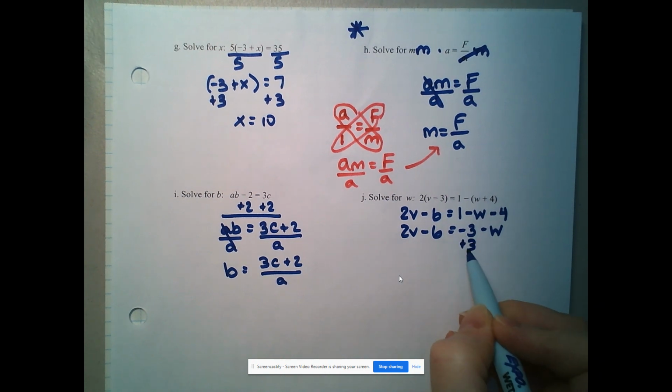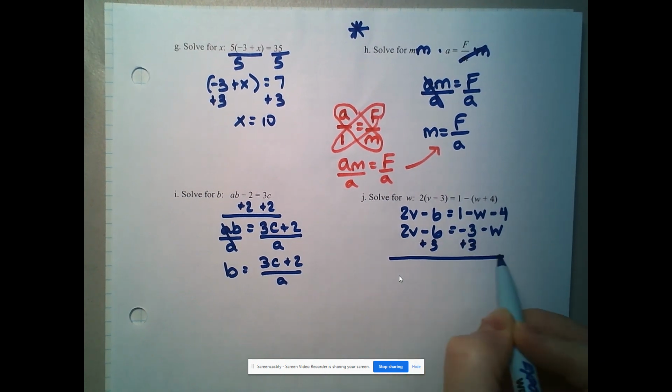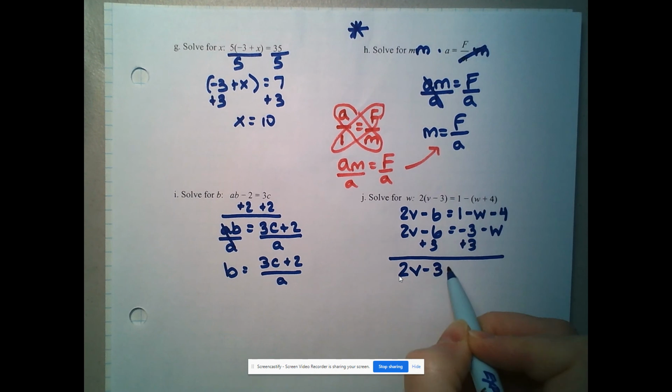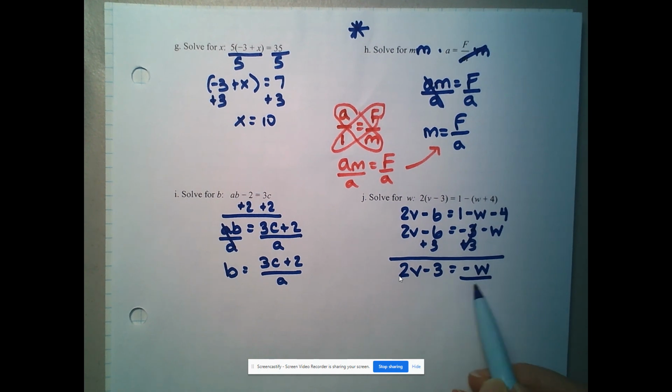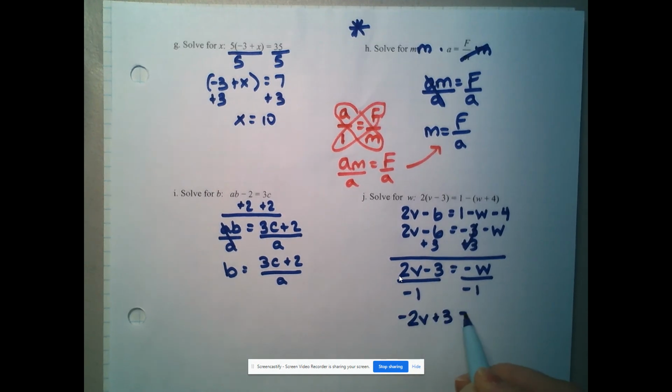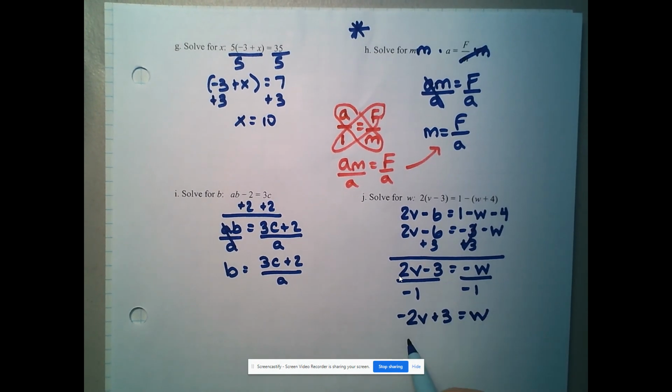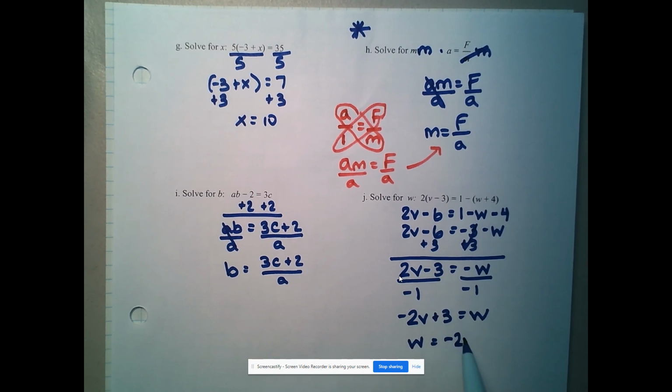I'm going to add 3 to both sides. 2v minus 3 equals negative w, and I cannot leave the final answer as a negative, so divide the right by negative 1, divide the left by negative 1, and I would have negative 2v plus 3 equals w, or I can rewrite it so the w comes first, and you would be done.